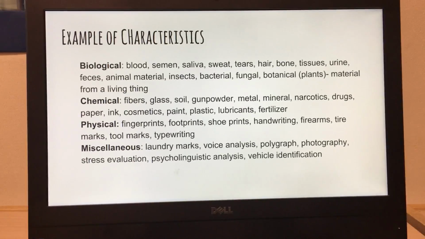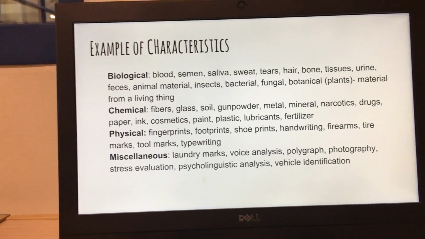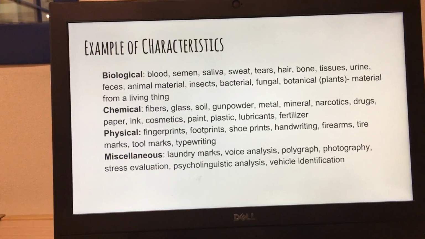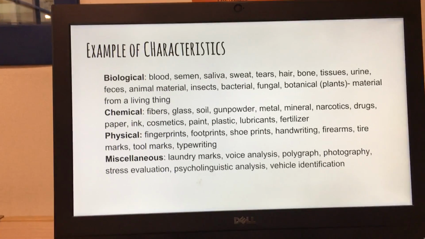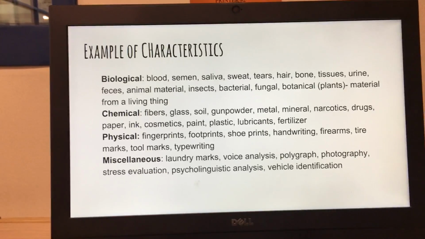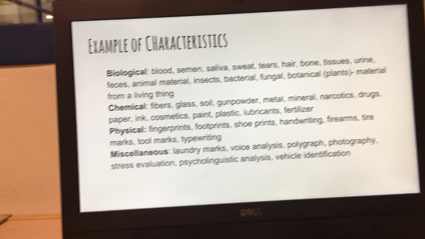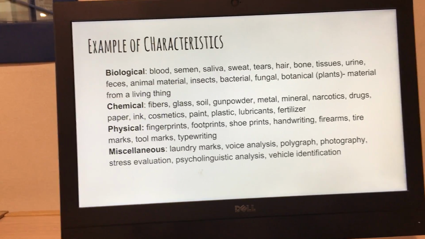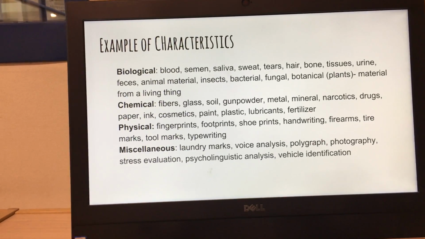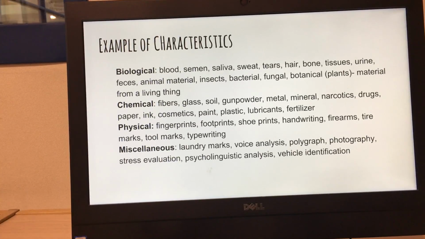Examples of characteristics: biological, such as blood, semen, saliva, sweat, tears, hair, bone, tissues, urine, feces, animal material, insects, bacterial, fungal, and anything from a living thing. Chemical characteristics are fibers, glass, soil, gunpowder, metal, mineral, narcotics, drugs, paper, ink, cosmetics, and paint.